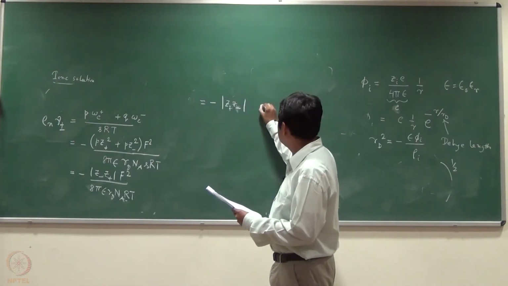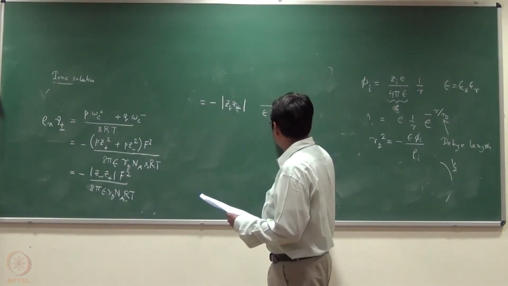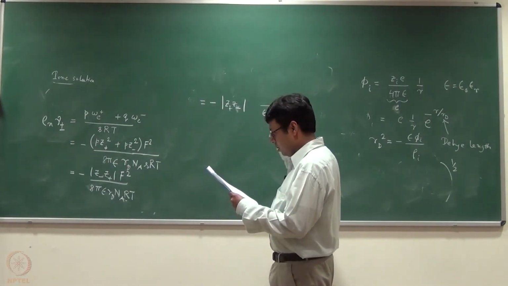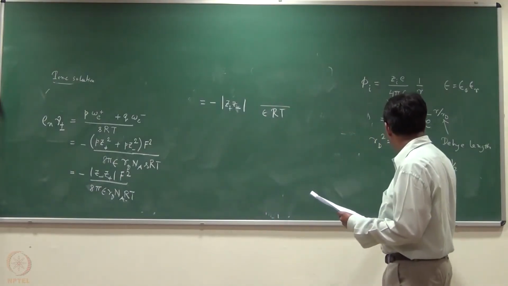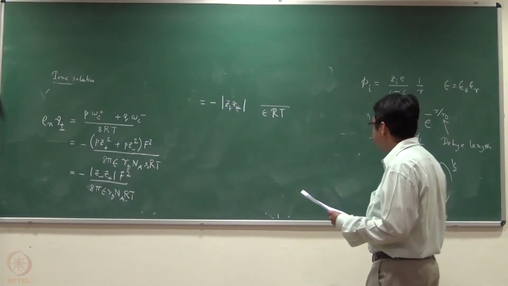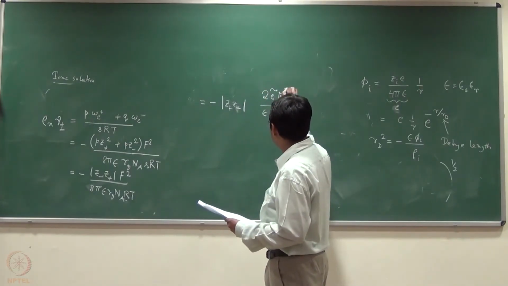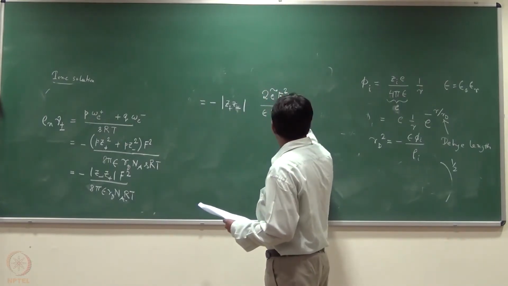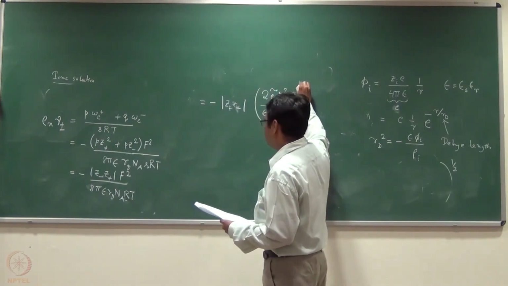Just write it. Epsilon RT. And what I had: twice c F square I into b0, that to the power half.